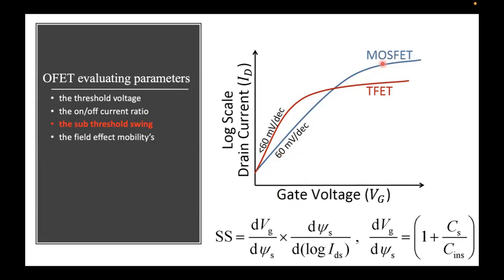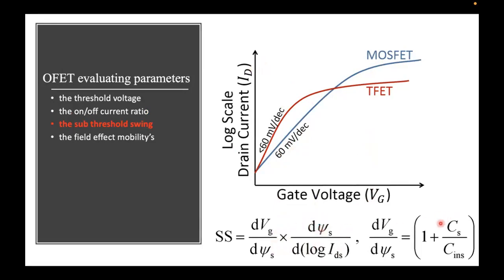Generally speaking, as you can see, it's some sort of a derivative or a slope of the current with respect to the voltage, while considering an important parameter.